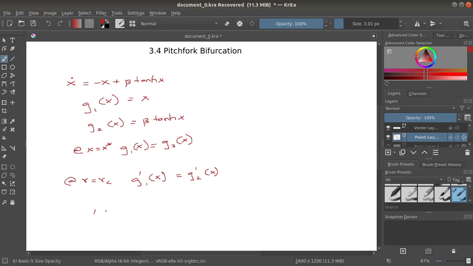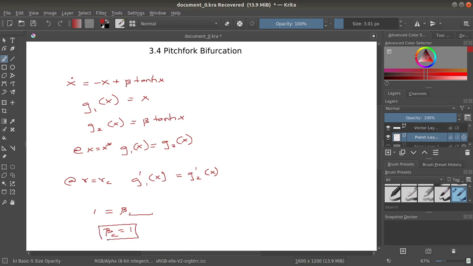If I impose this condition, what do I get? 1 is equal to beta times the derivative of tanh. I'm not going to put this one in; maybe you could put it in and you will get something. If you solve for that, you will get to know that beta is equal to 1. That's the beta critical.